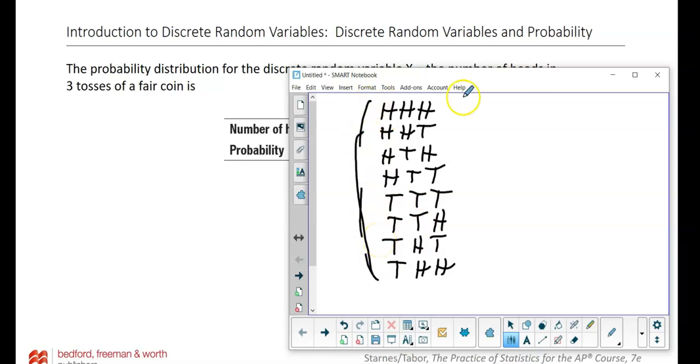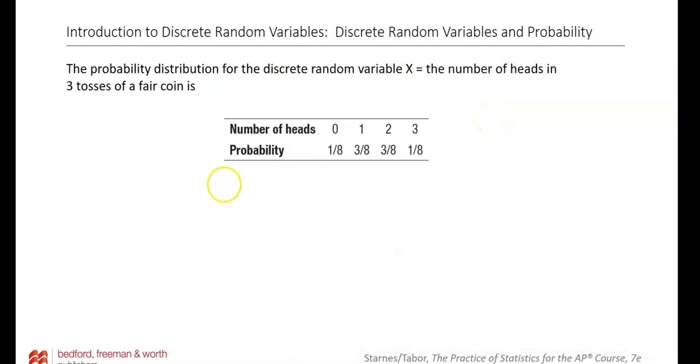But as far as number of heads, this one has 3, this one has 2, 2, 1, 0, 1, 1, 2. You can see there's 3 twos, there's 3 ones, 1 three, and 1 zero. So that's where these probabilities come from.